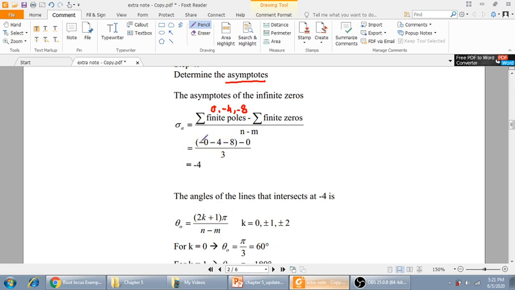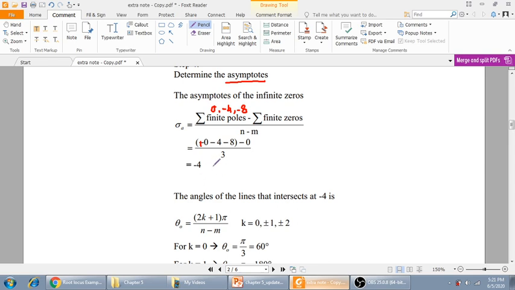And then minus the summation of finite zeros, but we do not have any zeros, so that is 0. So totally it will be minus 12 divided by 3, because n minus m is 3, so it will be minus 4. So the intersection point is at minus 4 on the real axis. You remember this one, later we will see.